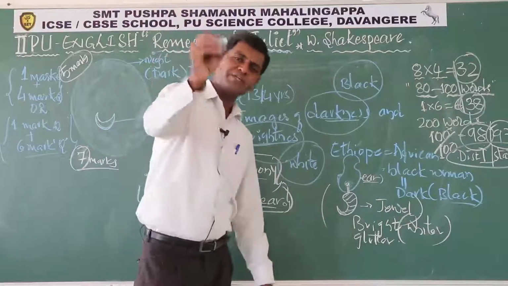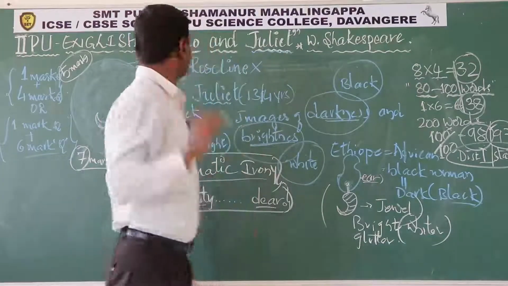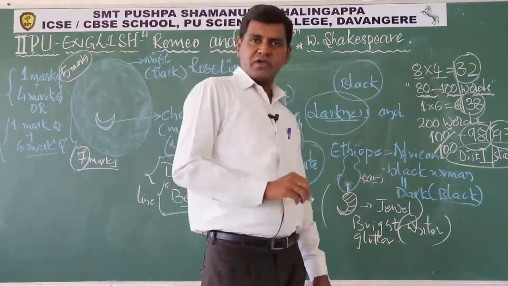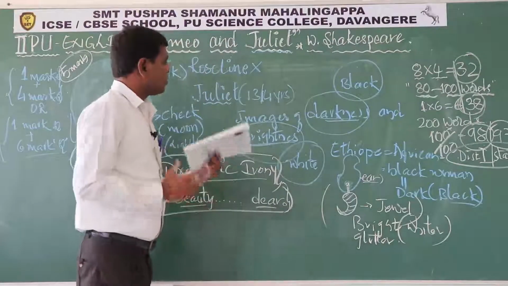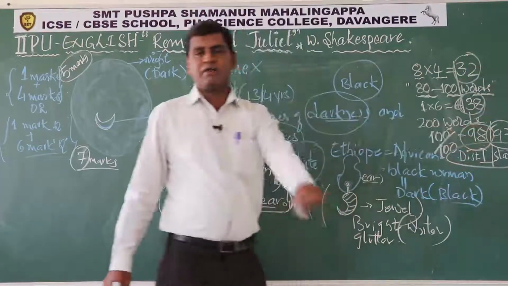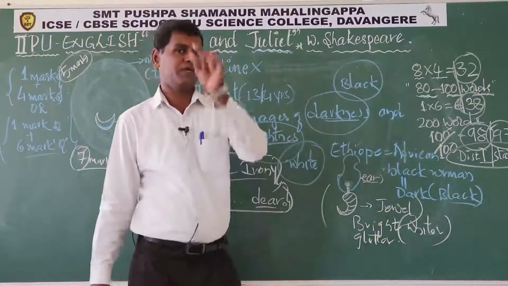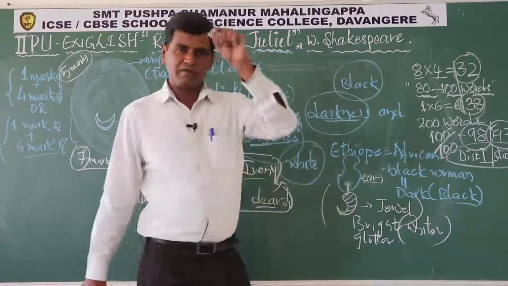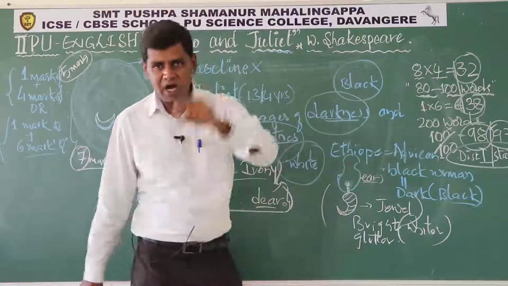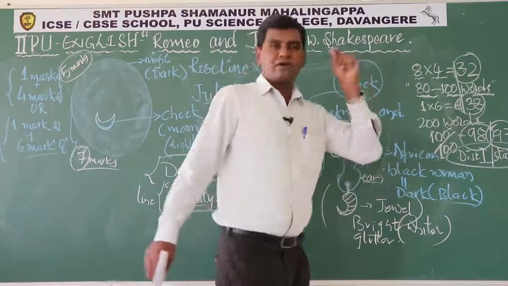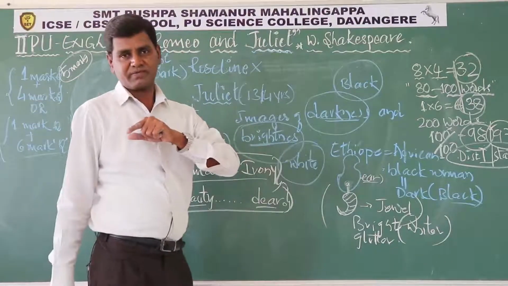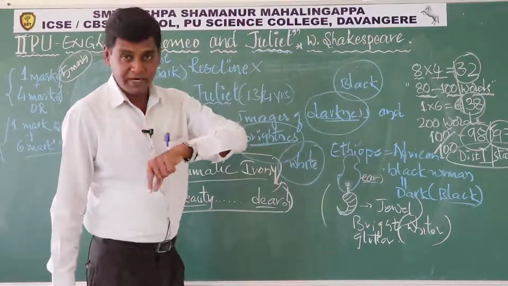Each and every quarter of a mark in second PU is important. A student of second PU should not be careless even about a quarter of a mark. You should be very serious, and there is more competition. You have to fight a lot, work hard, listen carefully, and write well. Only then can you score good marks. Keep this in mind.